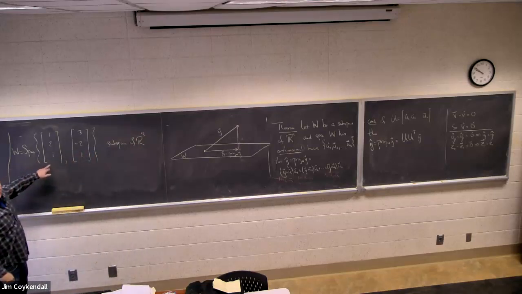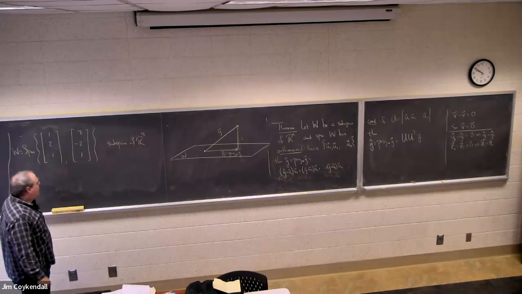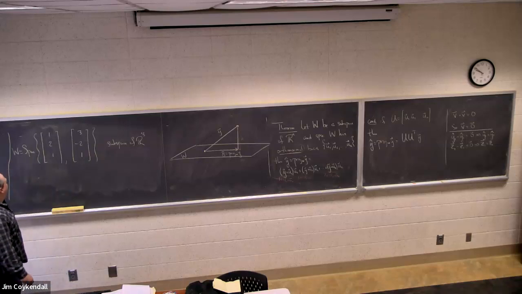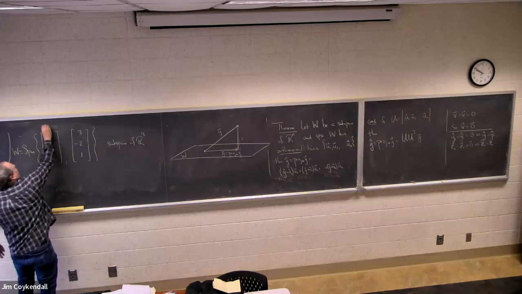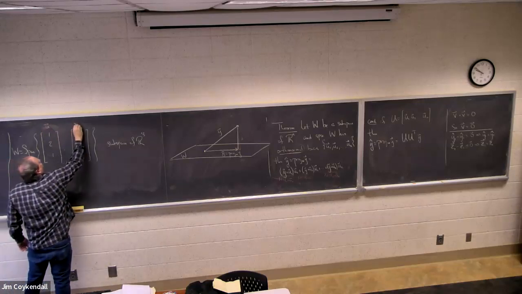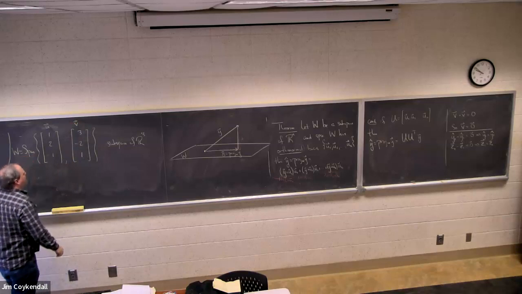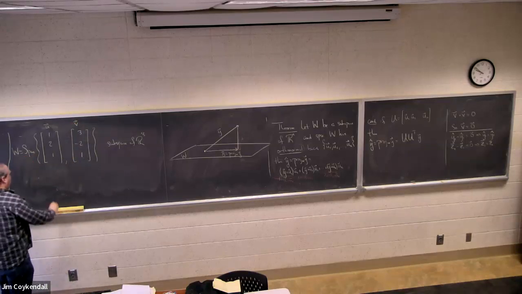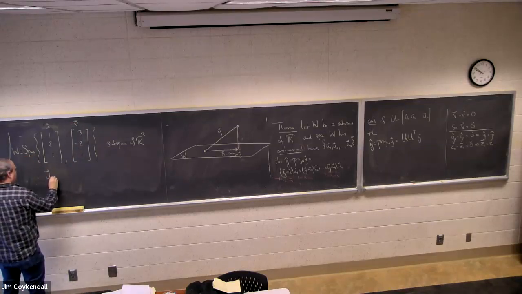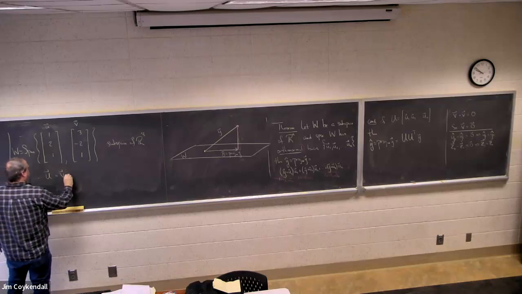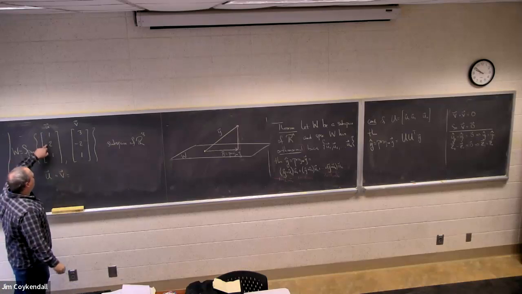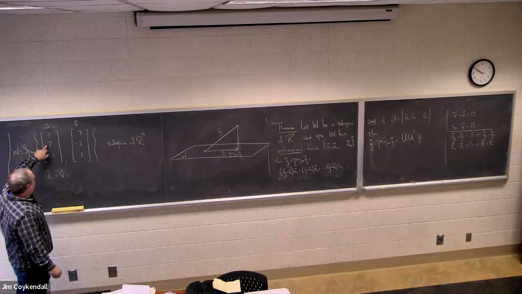Okay, so let's look at the span of these two vectors. This is the subspace W. Notice that if I call these U and V, what's the dot product? 3 minus 4 is minus 1, plus 1 is 0.